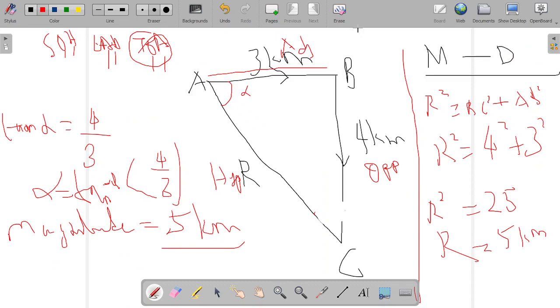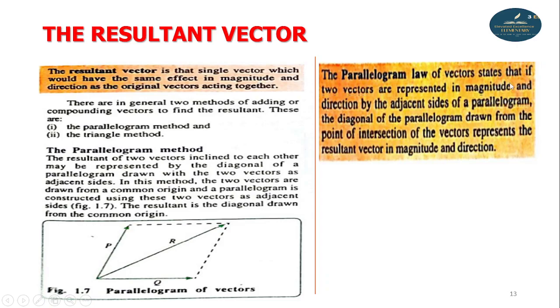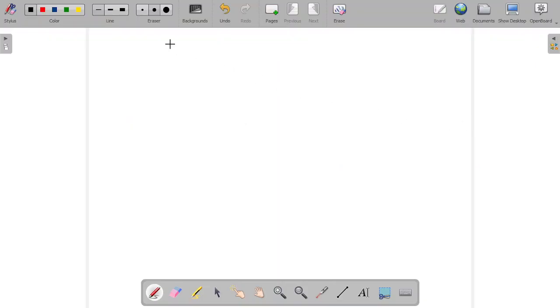Looking at this, let's erase this. If two vectors are represented in magnitude and direction by the adjacent sides of the parallelogram, that means they act like this. We'll be working with vectors that are acute, obtuse, and so on.